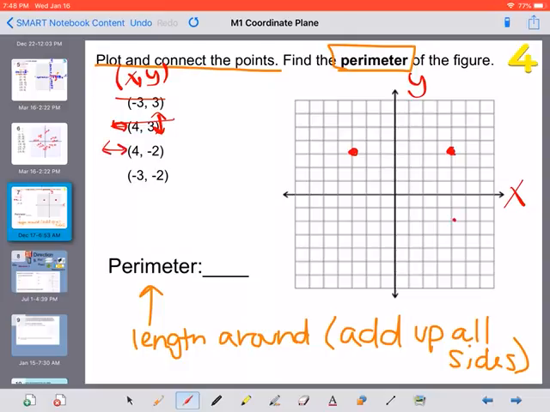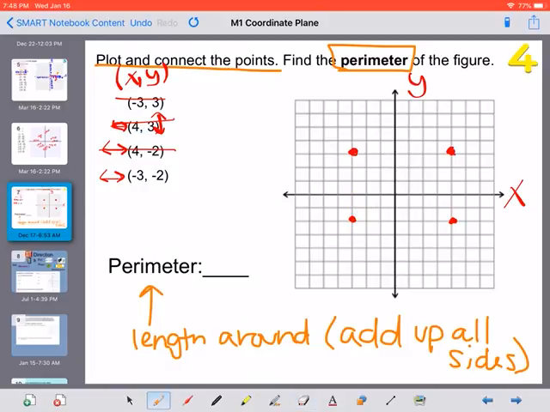Negative 2 is down, digging underground, down. And our last point, left and right, we're going negative 3, so to the left, negative 1, negative 2, negative 3. And then negative 2, down 2. Make sure when you're counting, you are counting really the spaces. From this line to this line, we jumped 1. From this line to this line, we jumped 2. Okay?